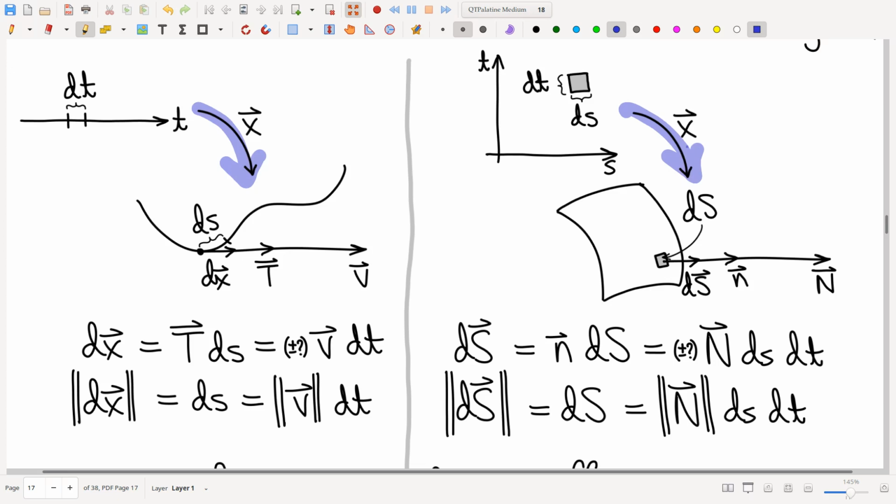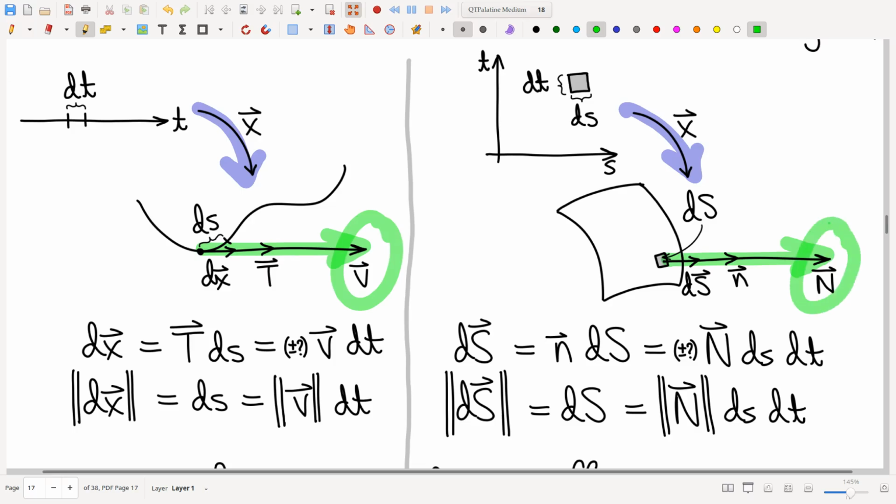So parameterization on both sides. And in both of these stories, geometrically different, of course. Different physical applications, of course. In both cases, there is what I'm going to call a derivative. V is literally the derivative of the parameterization.